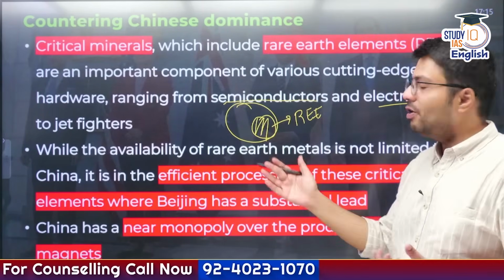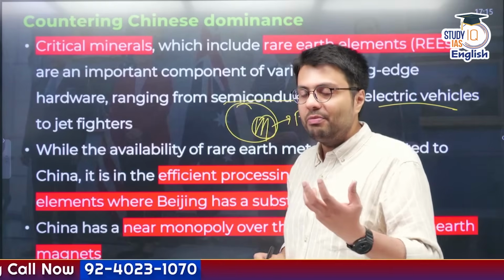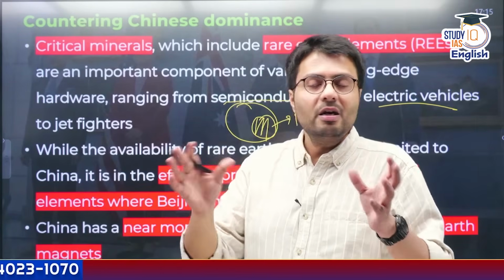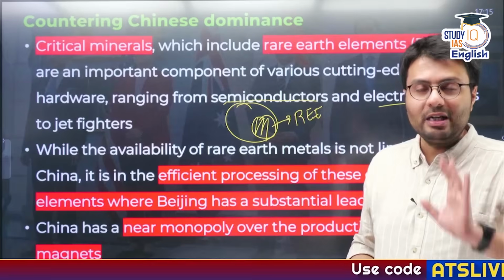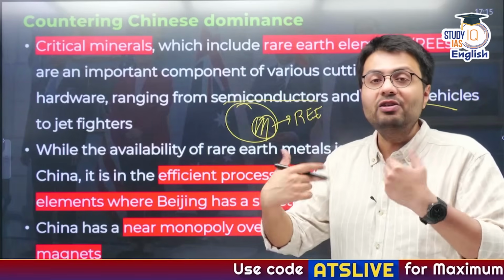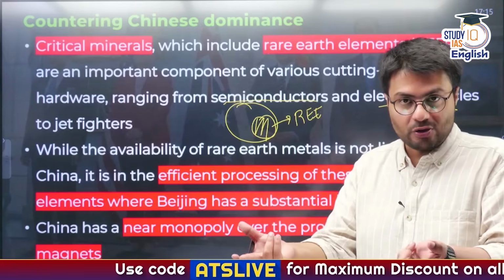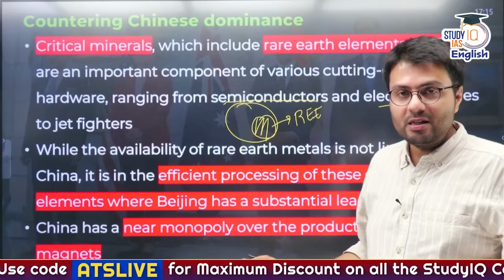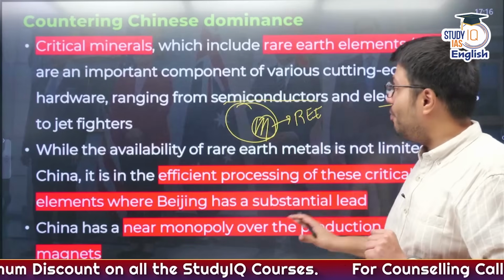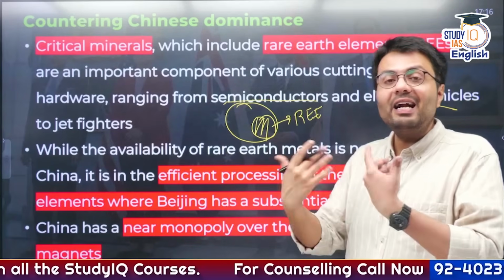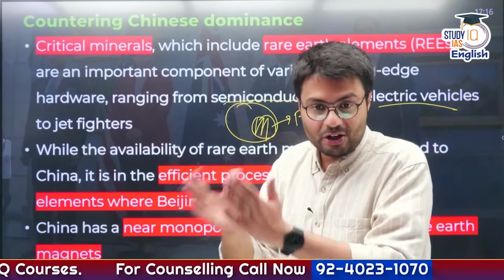Now, these are available in major different parts of the globe. But refining and processing of these critical minerals is an energy intensive and knowledge intensive process. So all this refining and processing is concentrated in China. Therefore, China has a significant advantage and lead in this region.